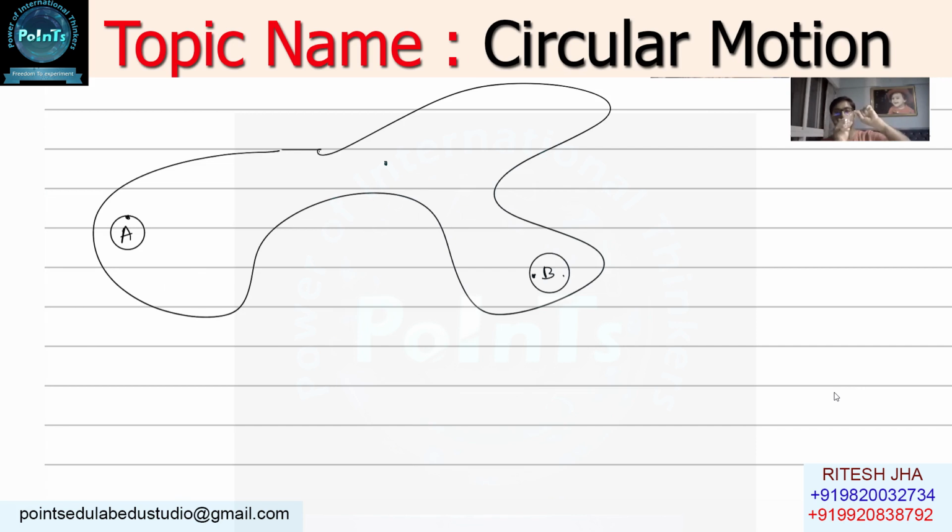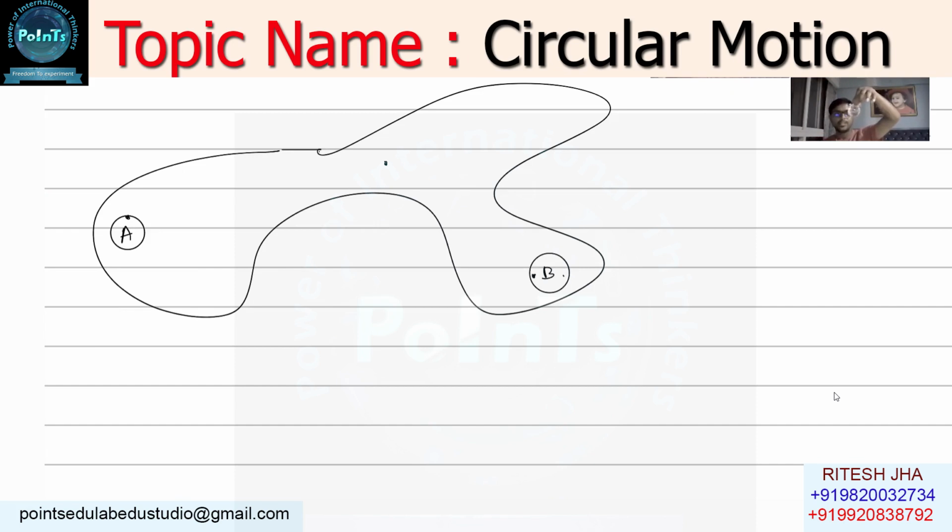I'll make a hole at any random point, and at any other random point I'll make another hole. Through that particular hole, I'll try to suspend it with the string.